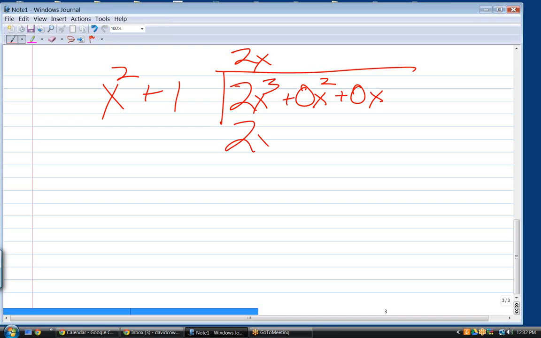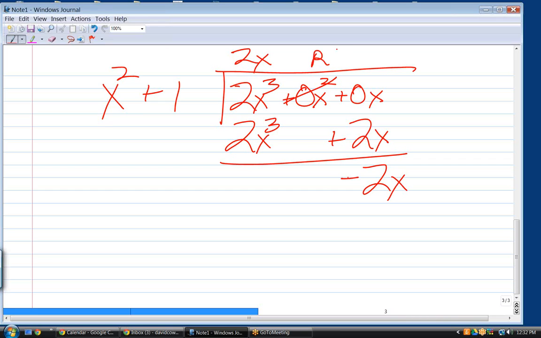In other words, that gives me 2x cubed plus 2x. Maybe I don't need that dummy variable there. I do need it here, though, because that's going to give me minus 2x. And then I divide that, and so my answer is remainder of minus 2x divided by x squared plus 1. That should be a horizontal asymptote at y equals 0, which is what I had in my picture.